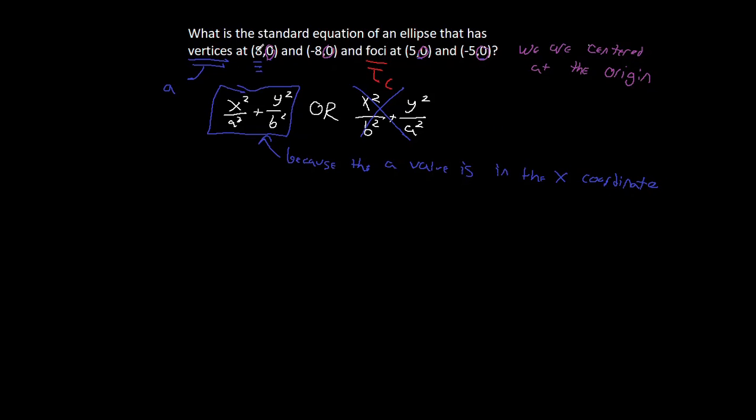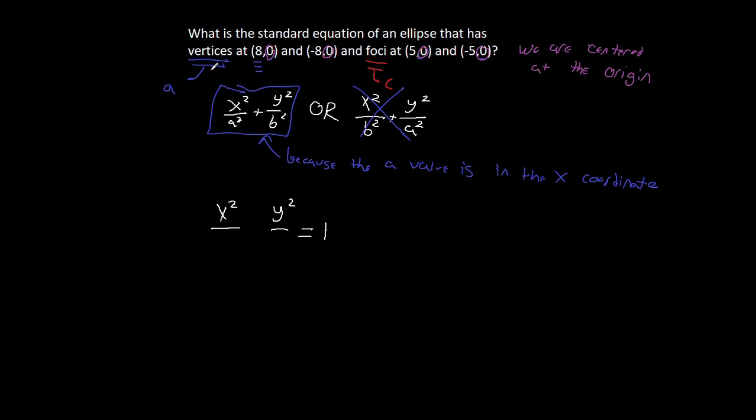Again, we now know that a is always going to be bigger than b, and that because a is in the x coordinate, our a squared has to be under our x squared. So let's figure out what we have. Well, we have x squared and y squared, we're not too worried about those, and those are going to be equal to 1.